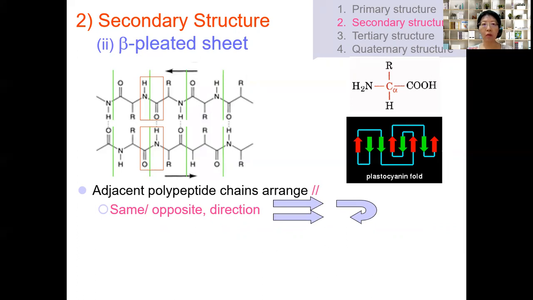You already know what same and opposite direction mean, right? Same means this is N-terminus and this is C-terminus, and then this is also N-terminus and this is the C-terminus. So this is called same direction. All right. Different direction means it's different, like this one I've shown here is a different direction.